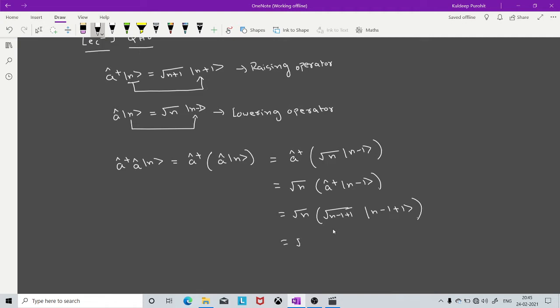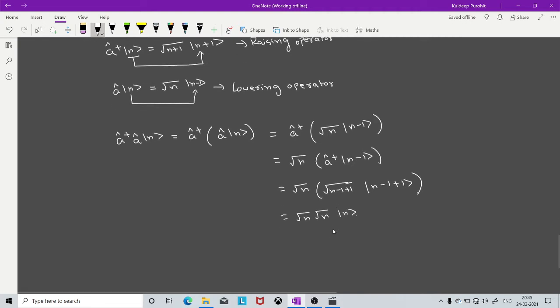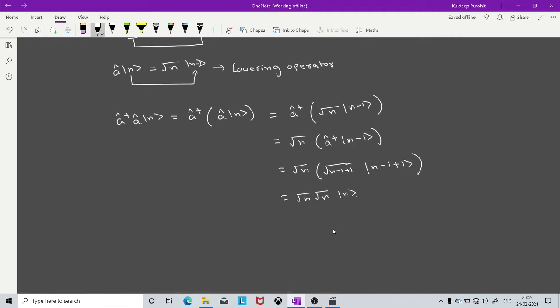So this is root n into root n, giving n. So when a dagger a operates on a state n, you get n into ket n. You can see that you are getting the label of the state itself.